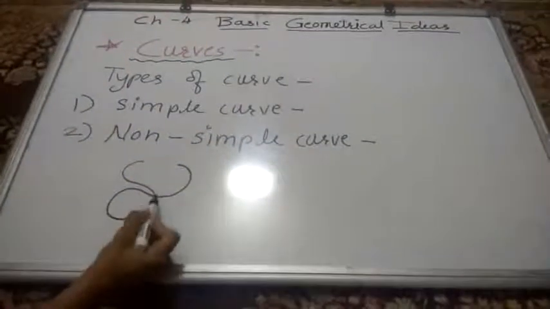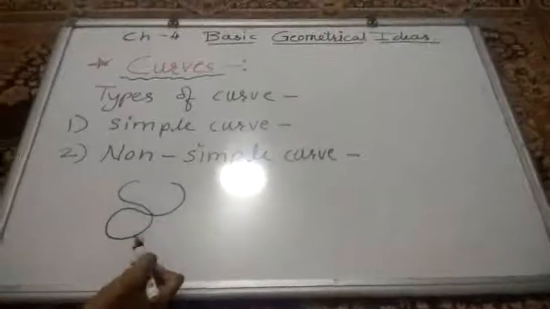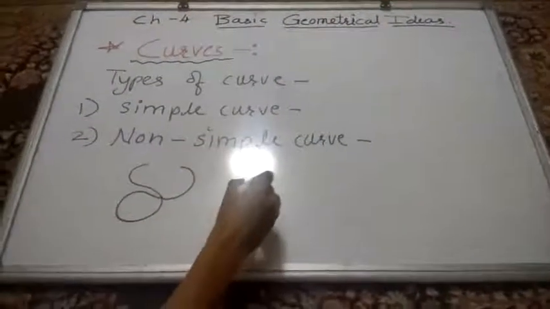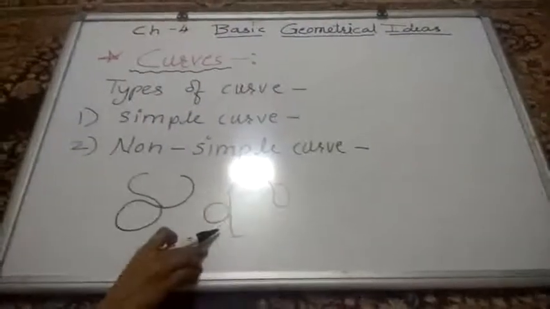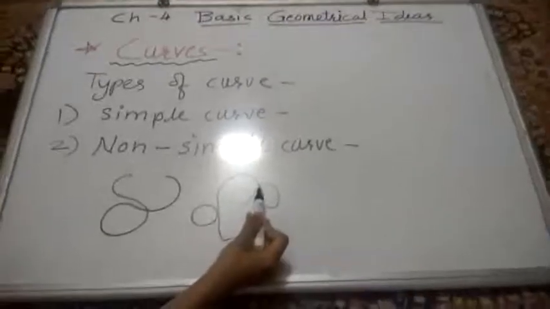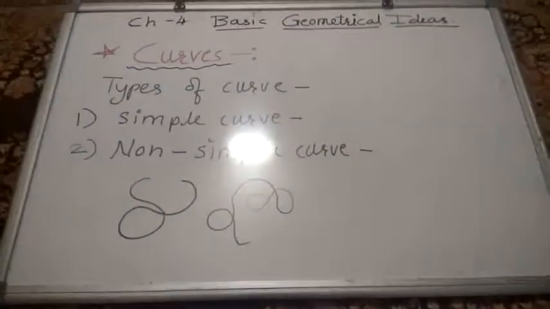See, this curve crosses itself here. इस कर्व ने यहाँ पे खुद को क्या किया है? क्रॉस किया. It means it is an example of a non-simple curve. Or you can say it is also an example of a non-simple curve because it crosses itself. That's why it is known as a non-simple curve.